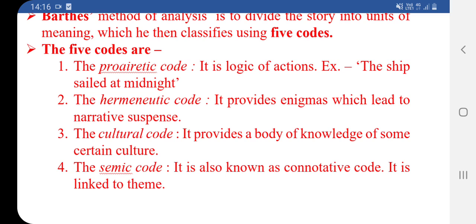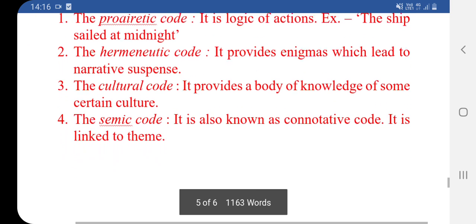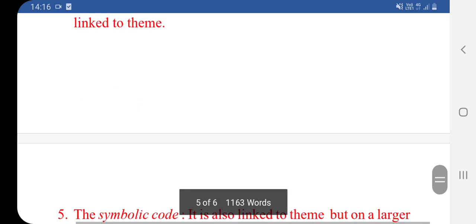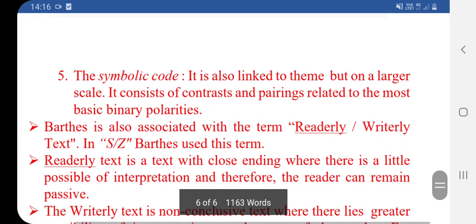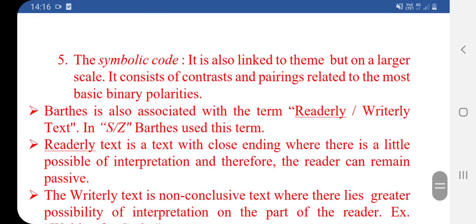Now the next code is semic code. What is semic code? It is also known as connotative code. Now this semic code is linked to the theme of the novel or story, or the theme of the narrative. And the next and the final code is symbolic code.